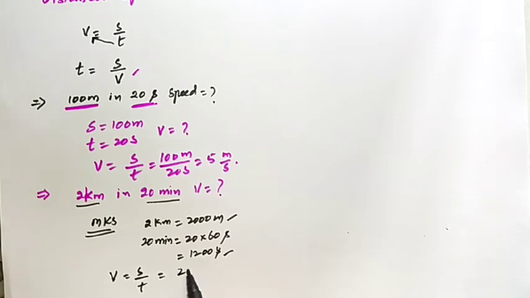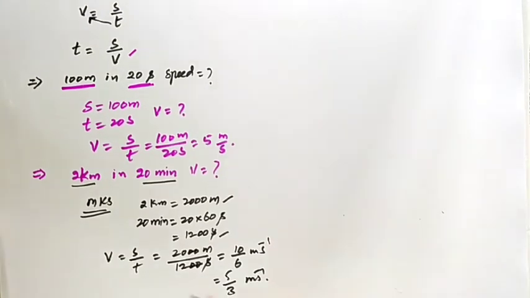Remember that. So this is 2000 meters divided by 1200 seconds. 2 zeros cancel, 2 tens and 2 sixes. So it is 10 by 6 meter per second, or else you can simplify that as 5 by 3 meter per second. So this is the speed.